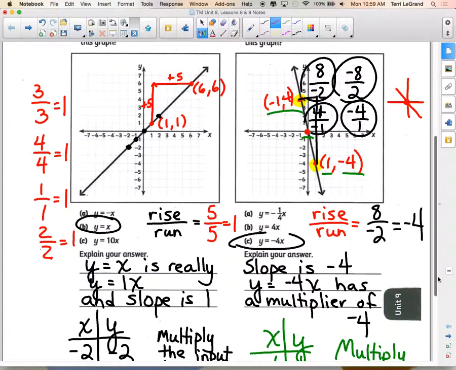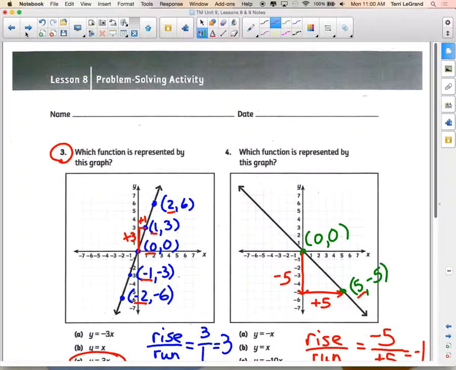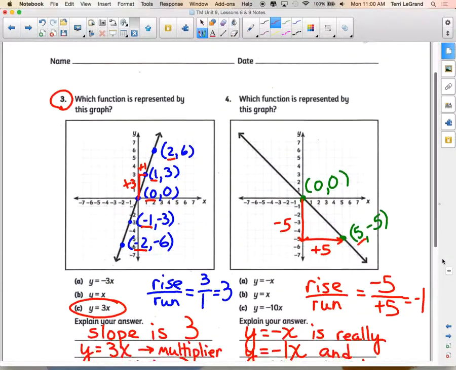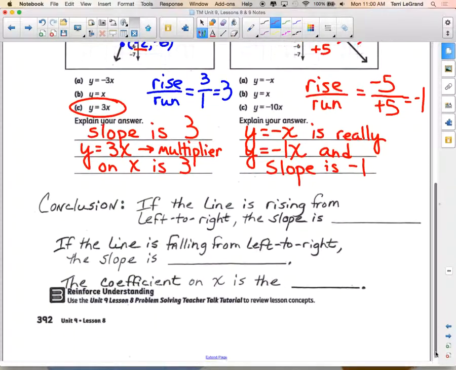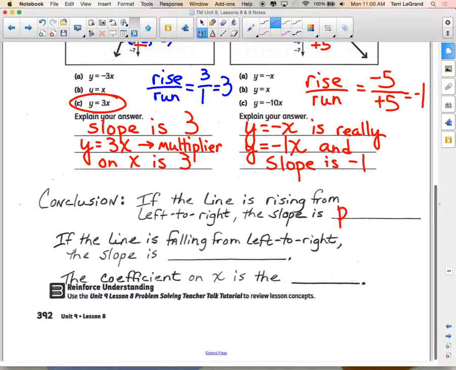In number 1, our slope was positive 1, and in number 3, our slope is a positive 3. So what can we say about the slope when the line is rising from left to right? A positive slope, yep. So if the line is rising from left to right, you better come up with a positive slope.